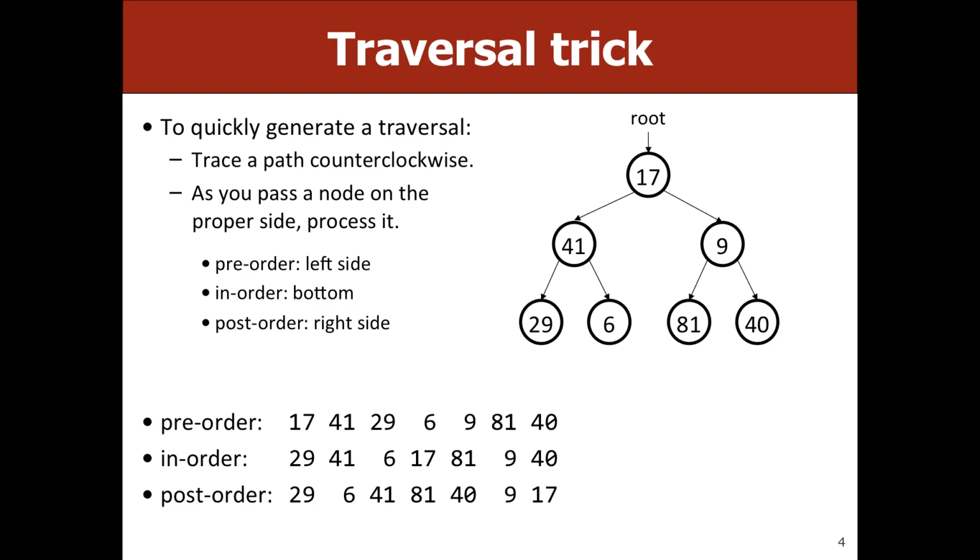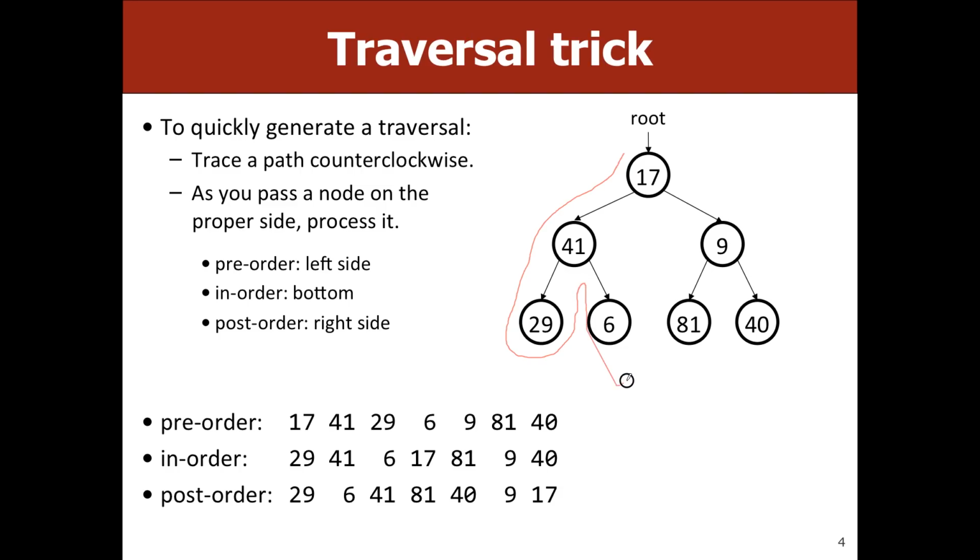A different way to think about it is you can trace around your tree, and the order in which you pass the nodes indicates the order you would traverse. When you're doing a pre-order, the first time you pass something on the left side, you would print it out. In this case, it'd be 17, and then 41, and then 29, and then you go up here.